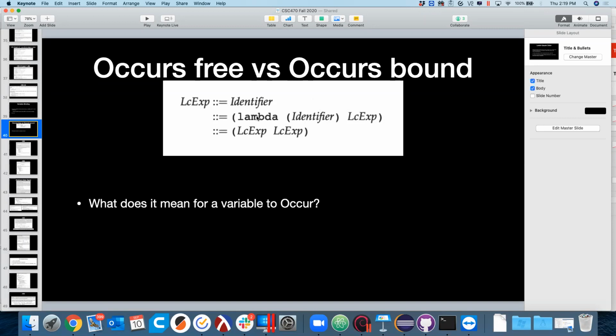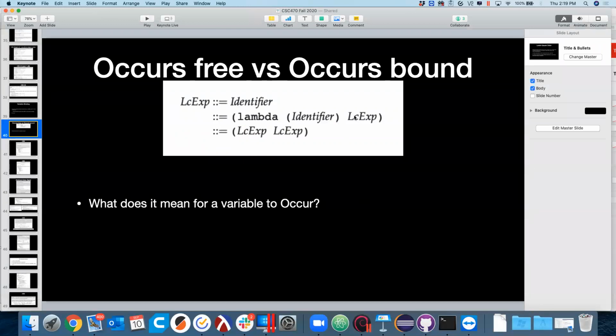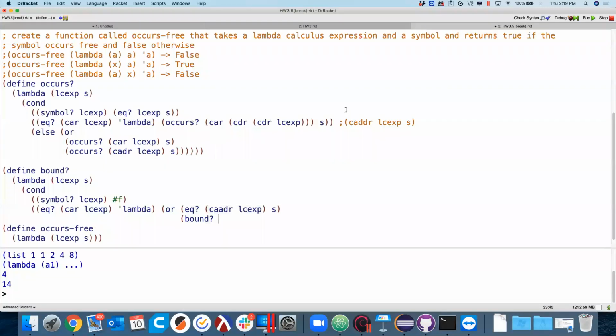So it's an OR. So I'll return true if either this guy is true. If I have a binding right here, I don't need to look anywhere else. He's bound. But if I don't have a binding right there, what do I do? I'll call bound on, now I need this last piece. That's the car of the cddr. CADDR, lambda calculus expression, and that symbol.